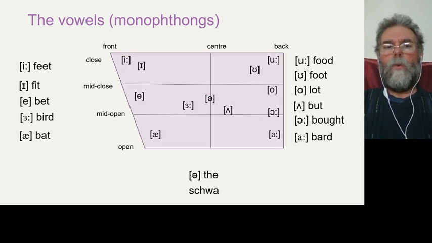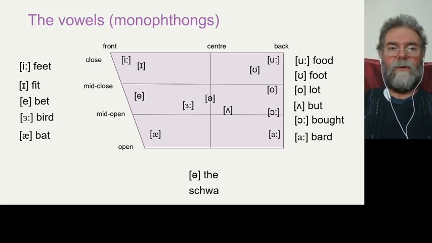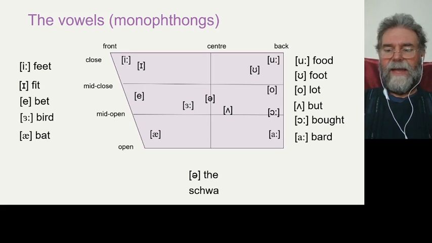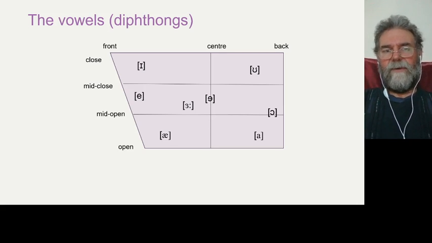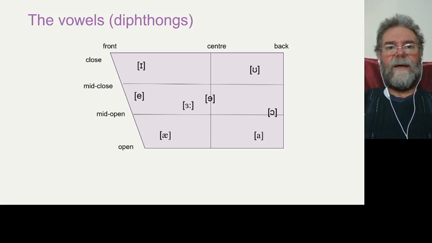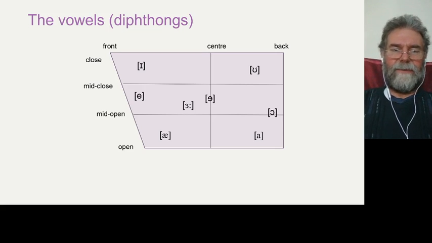Okay, these are one sound vowels which are produced just by making one sound, be it a long or a short sound. Now that indicates that there are other vowels which are not monophthongs, and indeed there are. There are things called diphthongs from Greek di meaning two and thong meaning sound. So these vowels are two sound vowels.